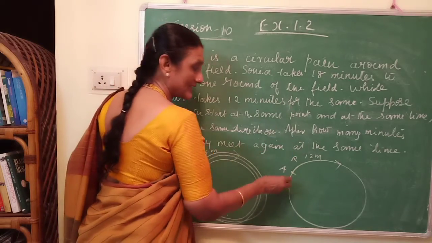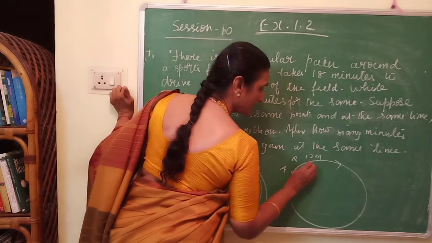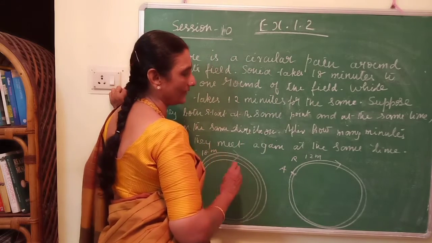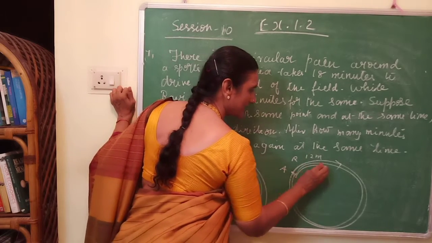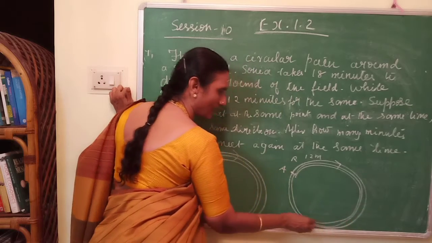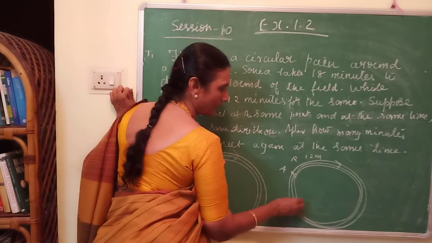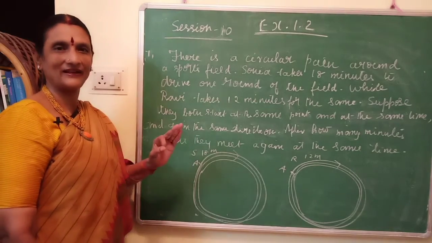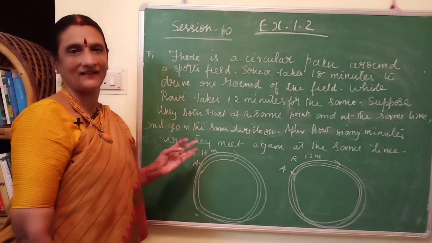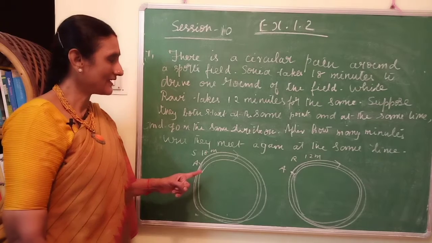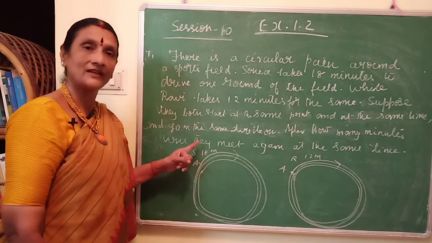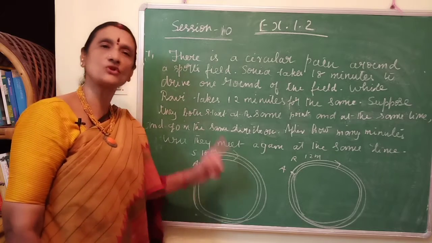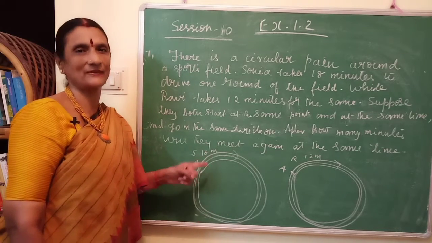Whereas Ravi starts with 12, then completes 24 minutes, again comes to the same point and takes one more round. So Ravi would have finished 3 rounds in 36 minutes, whereas Sonia will complete only 2 rounds in 36 minutes.